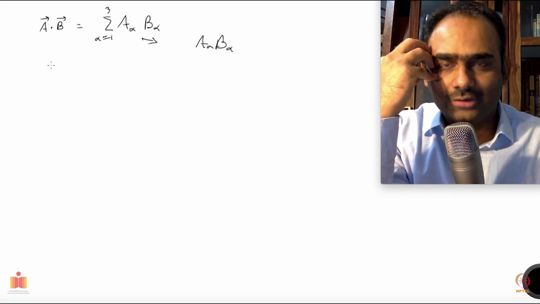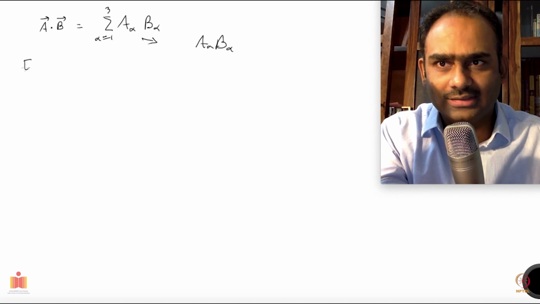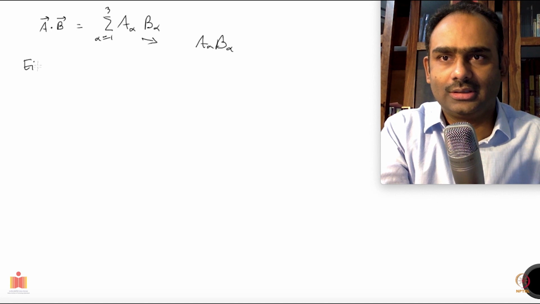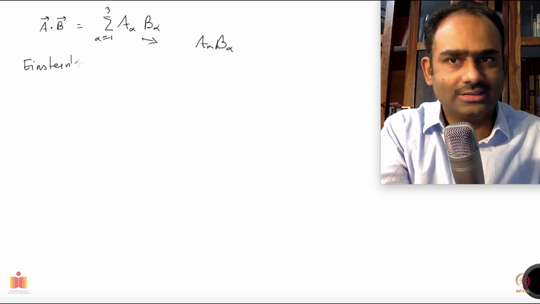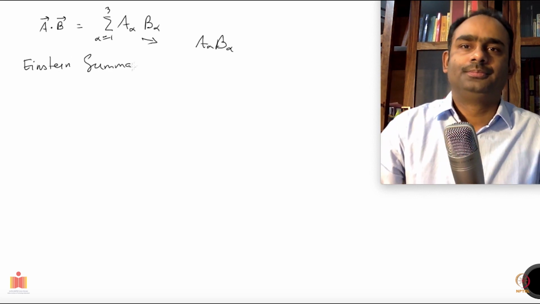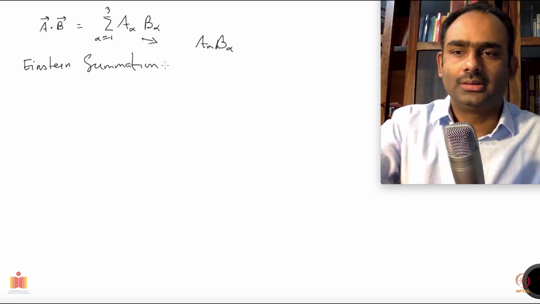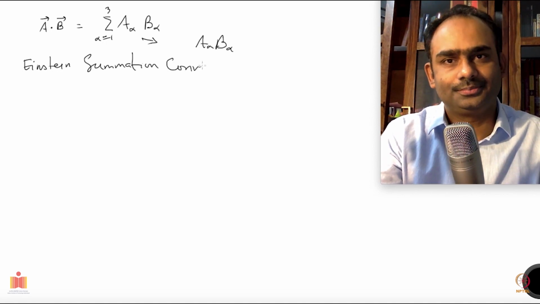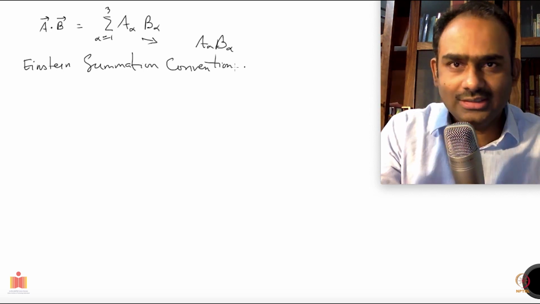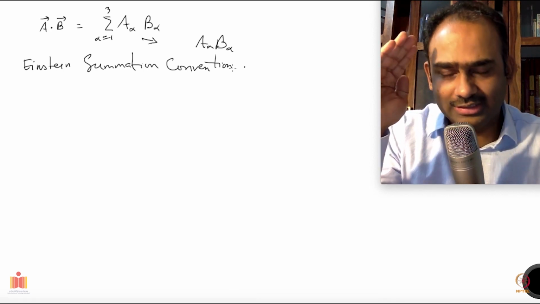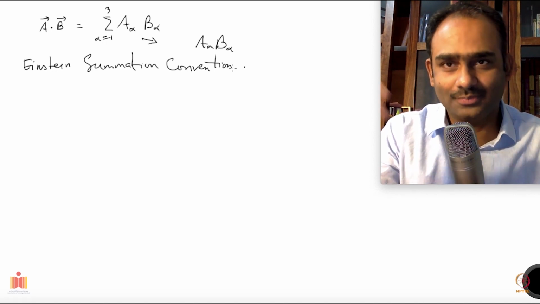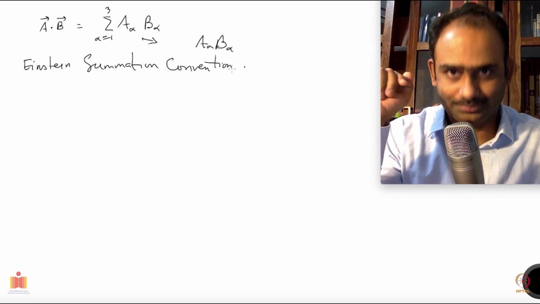So dropping this summation symbol is called Einstein summation convention, which just says: if in an expression you see a repeated index, there is a summation implied there, if the summations have been dropped.